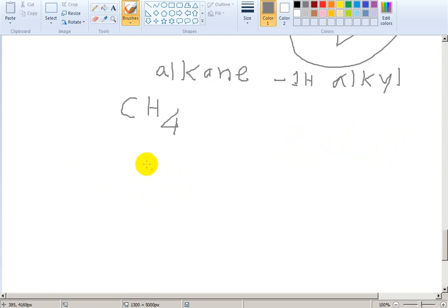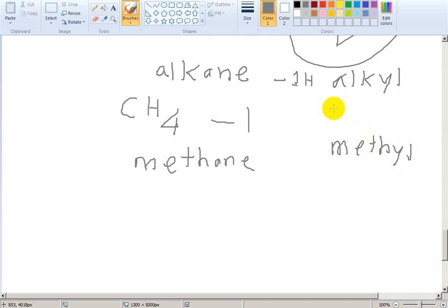If one hydrogen is deducted from methane, it becomes methyl, CH3. This is the methyl.